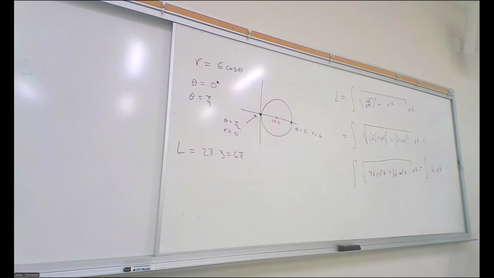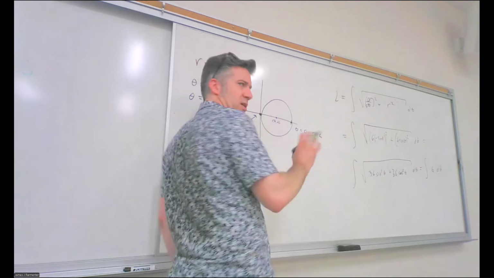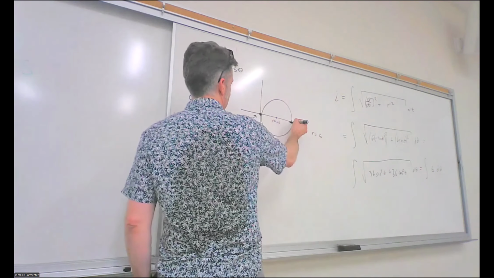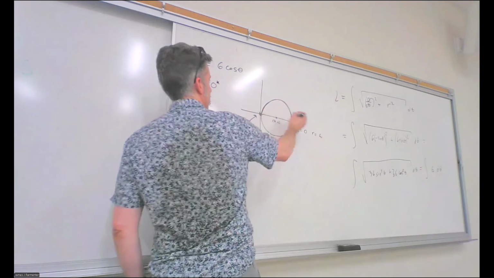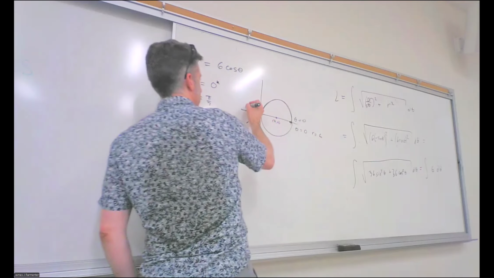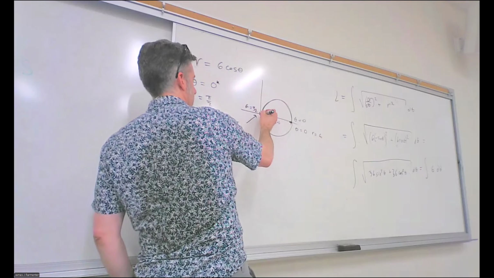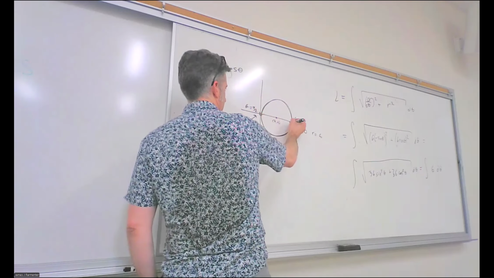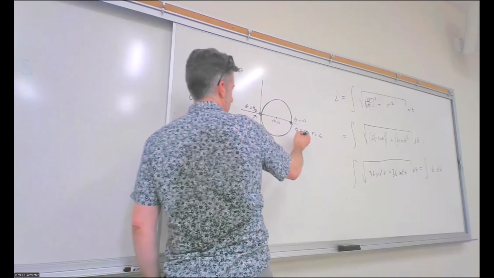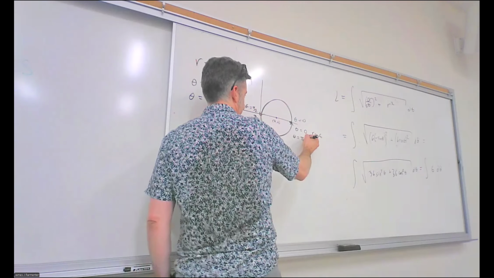Now, the question is, for this entire circle, what should my limits of integration be? I only talked about this briefly last time, but for a circle like this, we actually drew it out, right? From here to there, that was theta equals 0 to theta equals pi over 2. And then from here to there, it's the other half where you go from theta equals pi over 2 to theta equals pi.